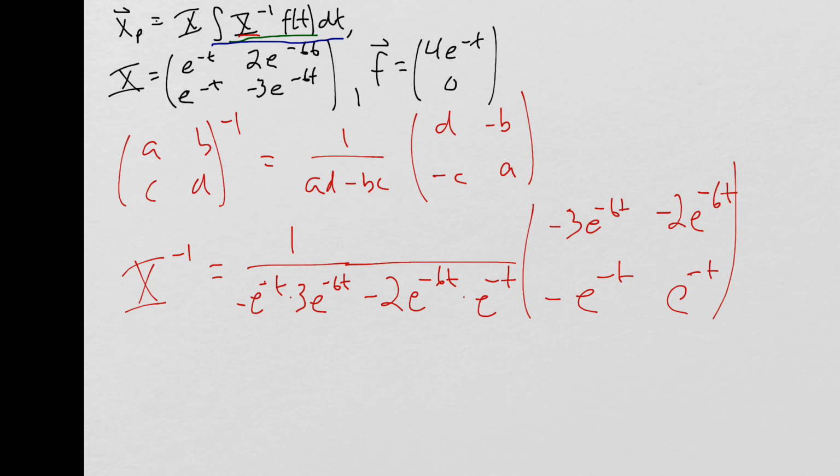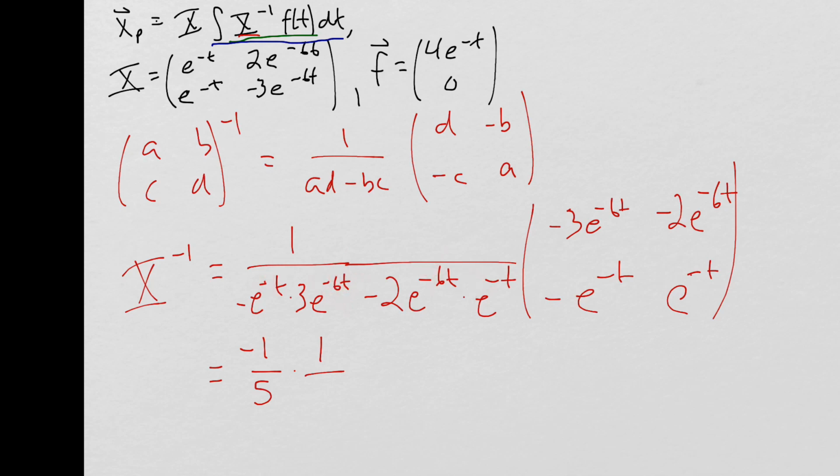Cool. So from here, I want to point out a couple of things. One, I got an e to the negative t and an e to the negative 6t. E to the negative 6t, e to the negative t. Those guys are going to give me the same thing. So this and this are actually like terms. This one has a negative 3, this one has a negative 2. So I'm going to write this as negative 1 over 5 times 1 over, if I multiply this by that, I get, by exponent rules, e to the negative 7t.